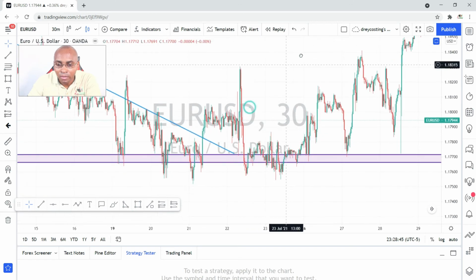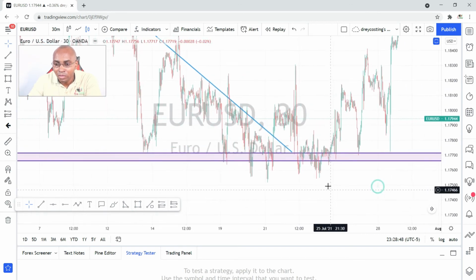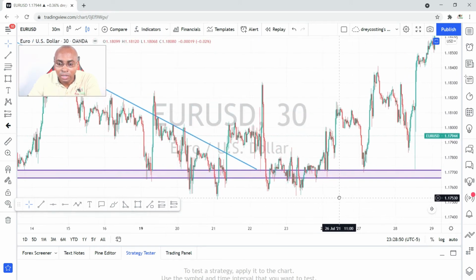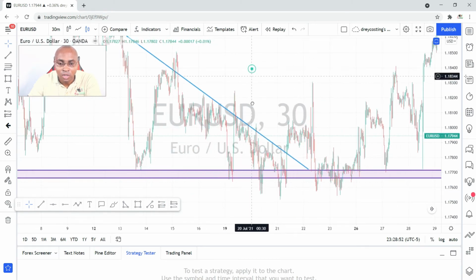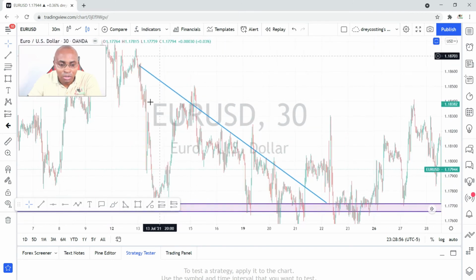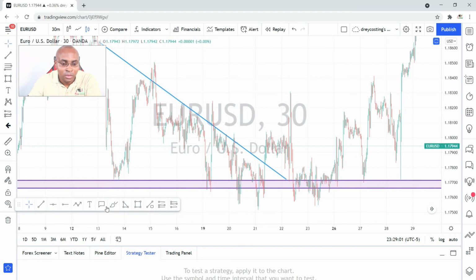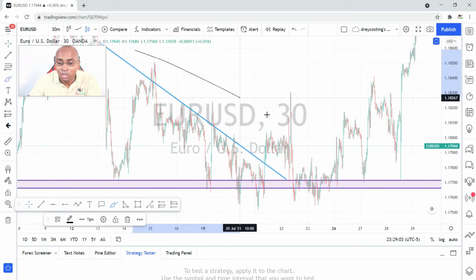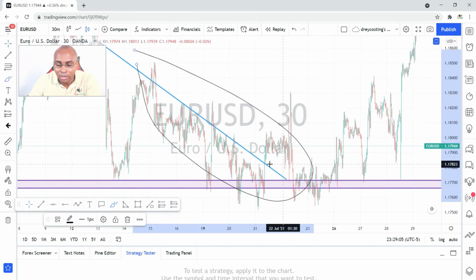All right, so let's look at this downward structure. Wrong thing, let me get it up. Taking my time with this, guys. Downward structure, right?